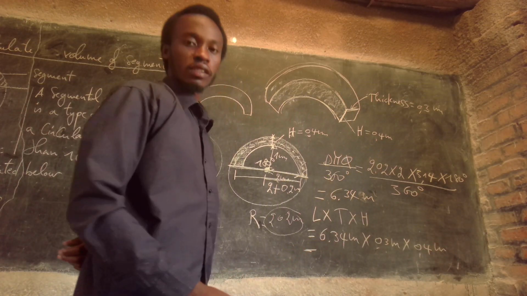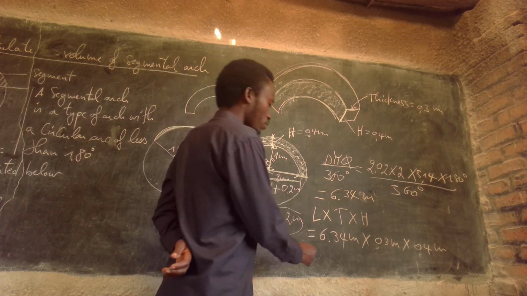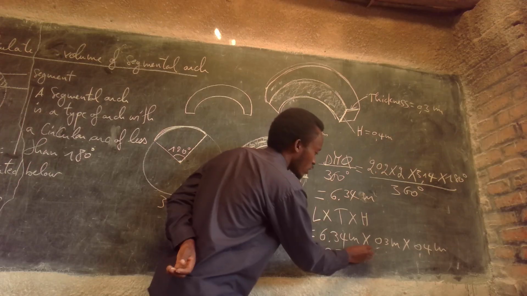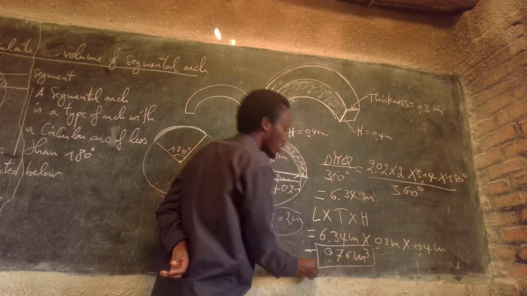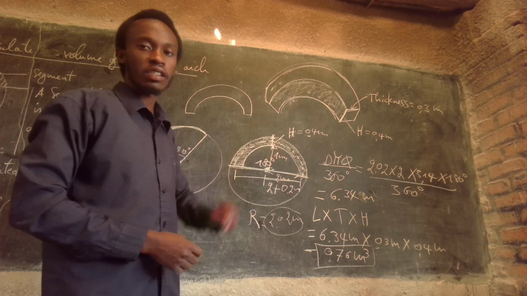This will give us 0.83 meter cube. This is the total volume of this semicircular arch.